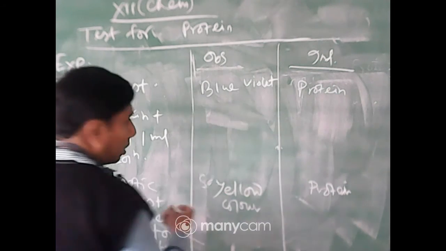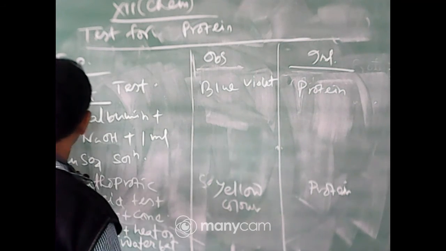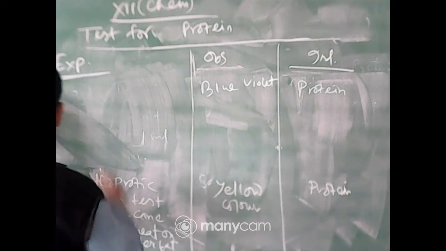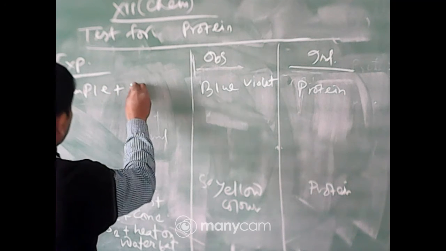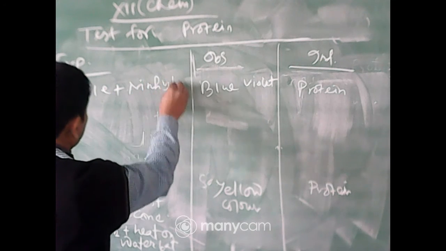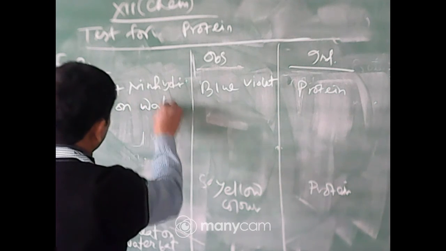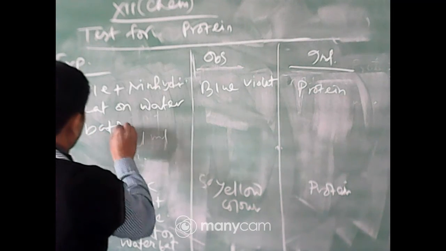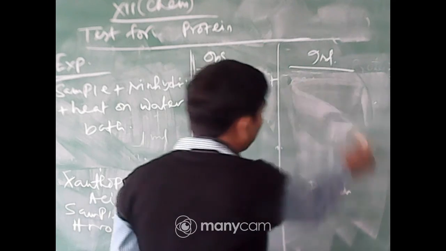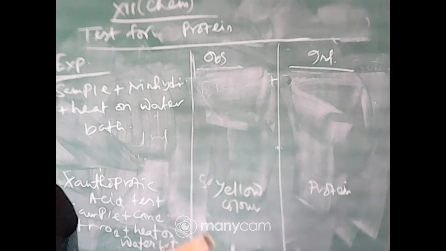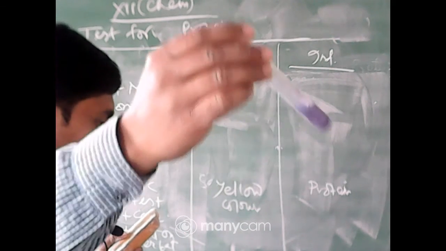Okay. And the third experiment using the ninhydrin solution. So sample solution, sample plus ninhydrin plus heat on water bath. Okay. And the color is arising, just wait. It is also a blue color. Just look at this. Okay, look at this.